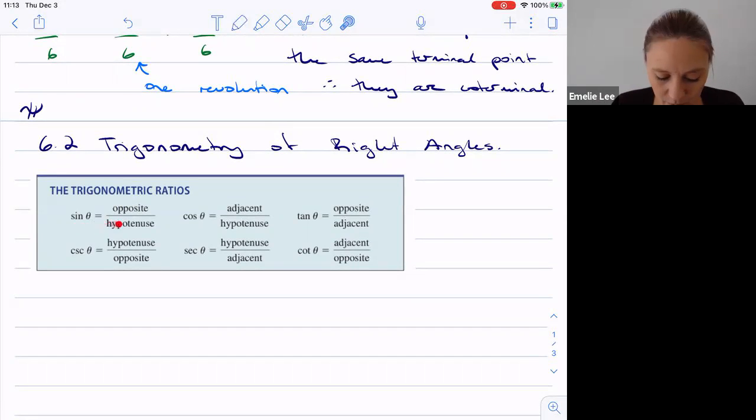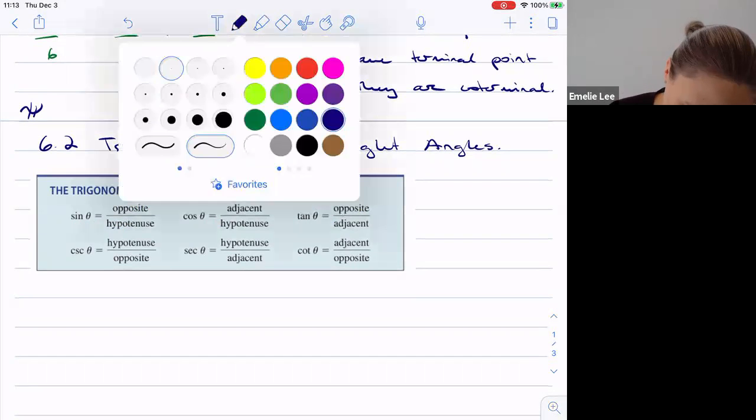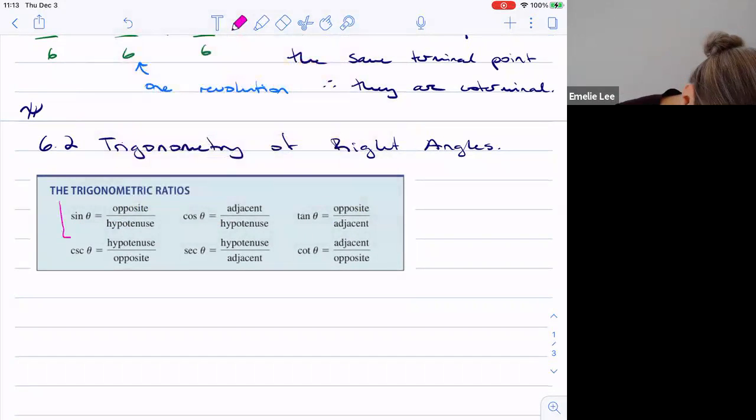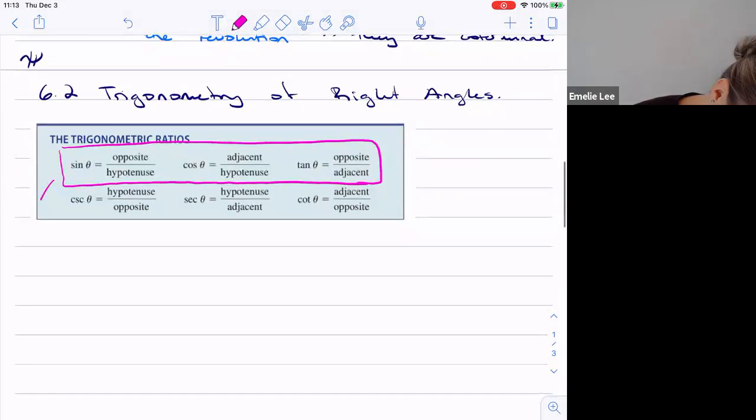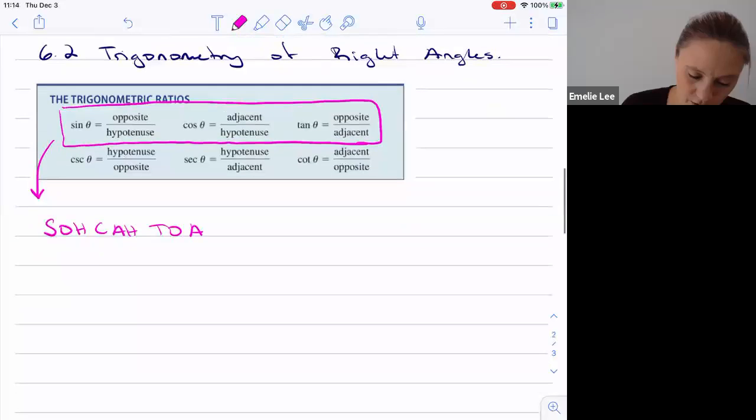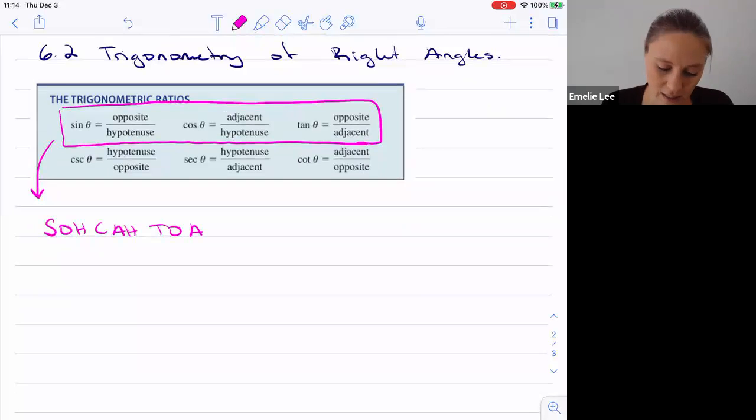Okay. This up here is just SOHCAHTOA, which you're probably familiar with, right? Sine is opposite over hypotenuse. Cosine is adjacent over hypotenuse, and tan is opposite over adjacent.